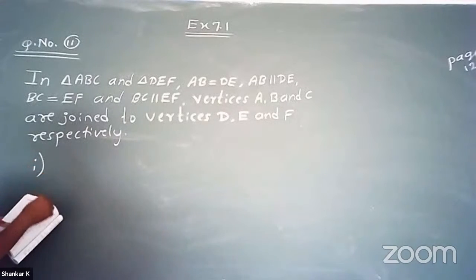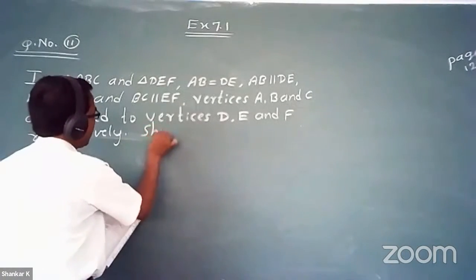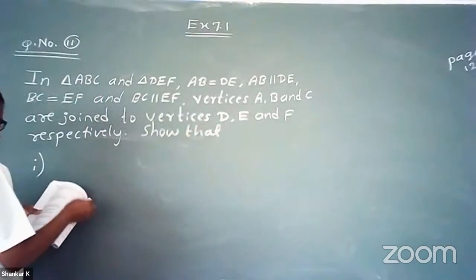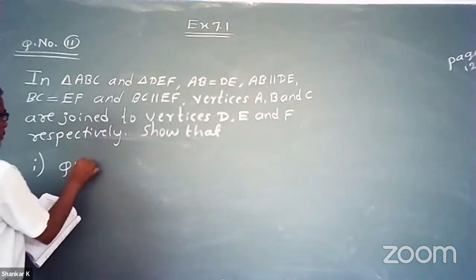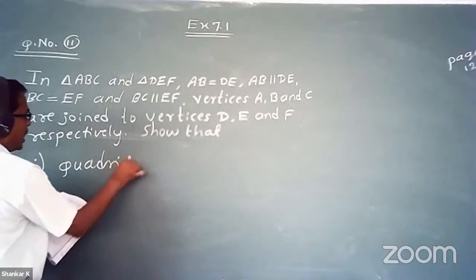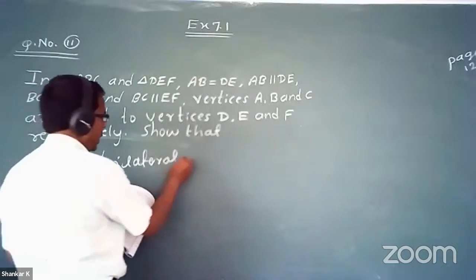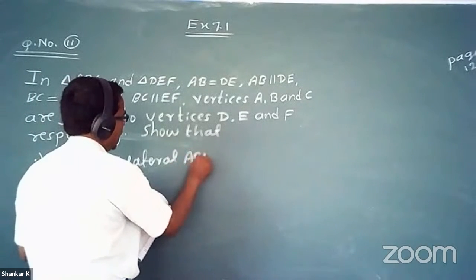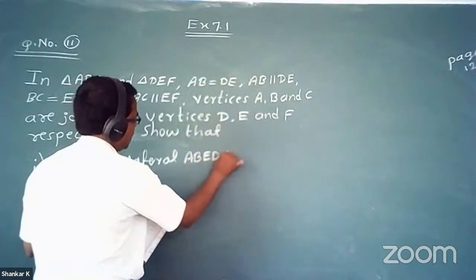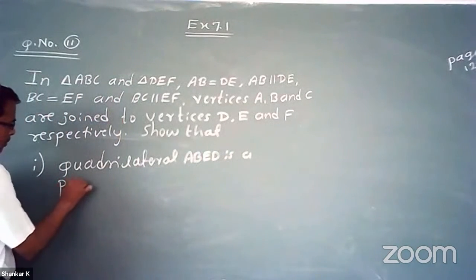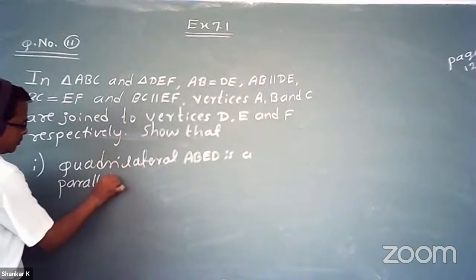First point: show that quadrilateral ABED is a parallelogram.